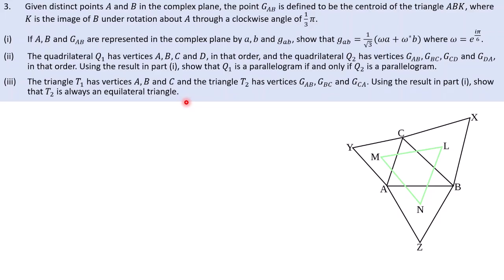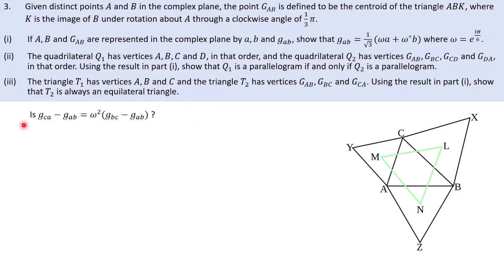Some of you who are familiar with Olympiad geometry will recognize this as Napoleon's theorem. So we are actually going to prove Napoleon's theorem using complex numbers algebra. So a really cool application of complex numbers here.